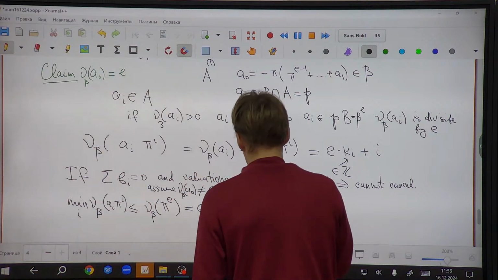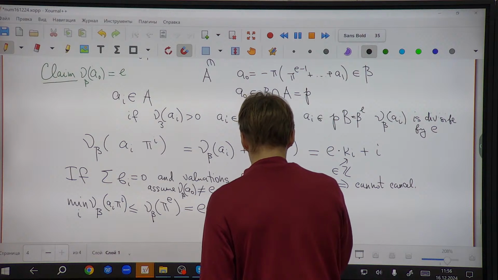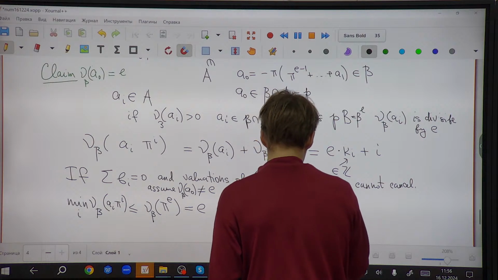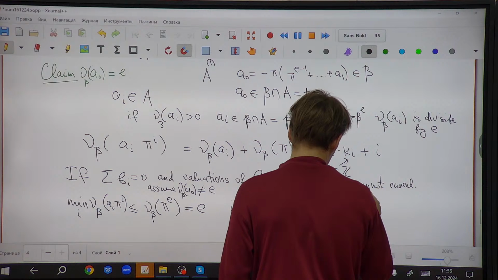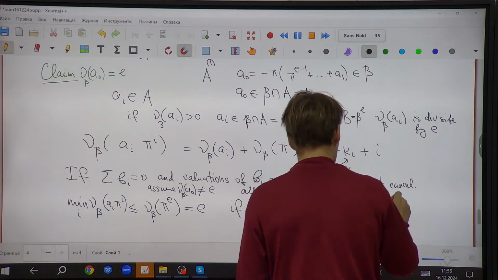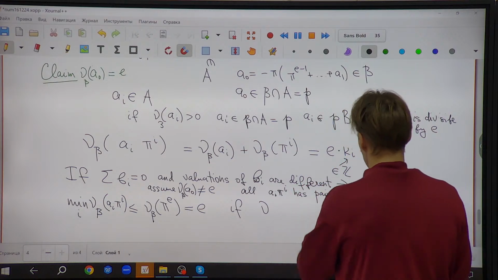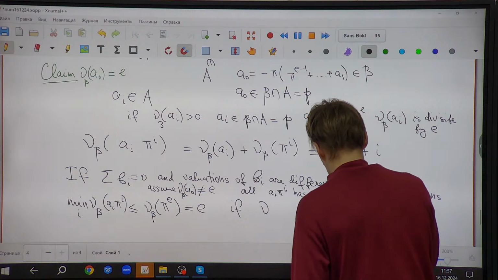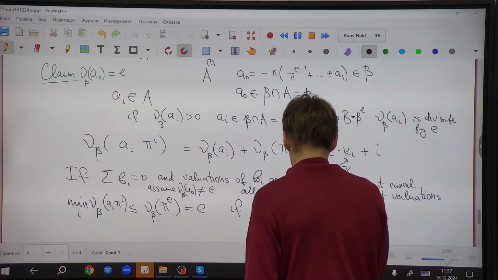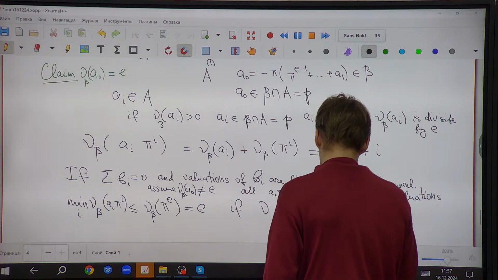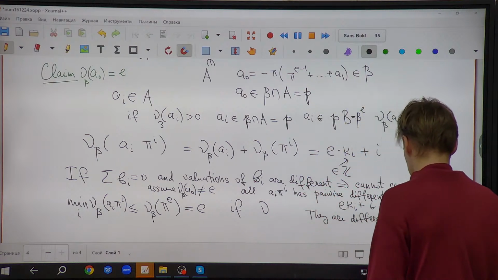Notice that all the a_i pi have pairwise different valuations, because they are of the form e k_i plus i, so they are different even modulo e when you consider them as integer numbers.